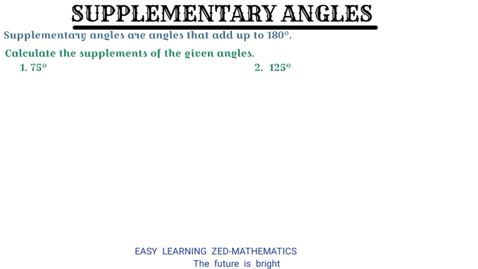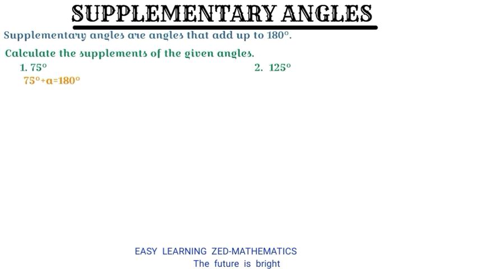To do that, I'm going to come up with a simple equation, which is going to be 75 plus a is equal to 180 degrees. So a stands for the angle we don't know, and the known angle is 75 degrees.